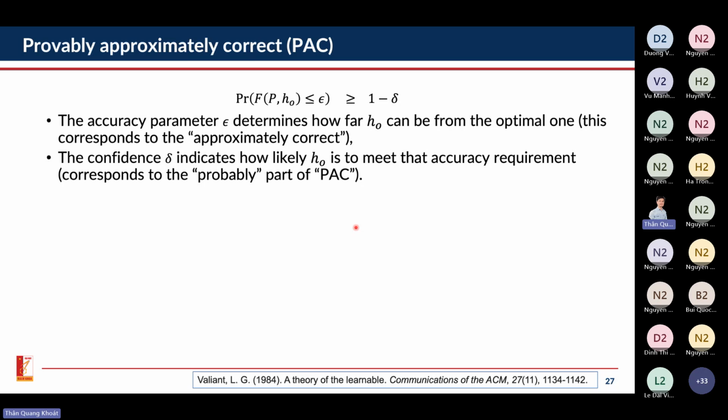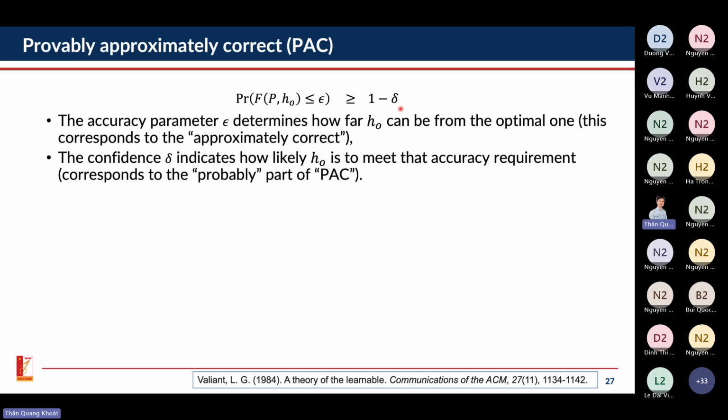So when we use these models, we need to define two parameters, epsilon and delta, right? Epsilon here represents our prediction about the test error, right?